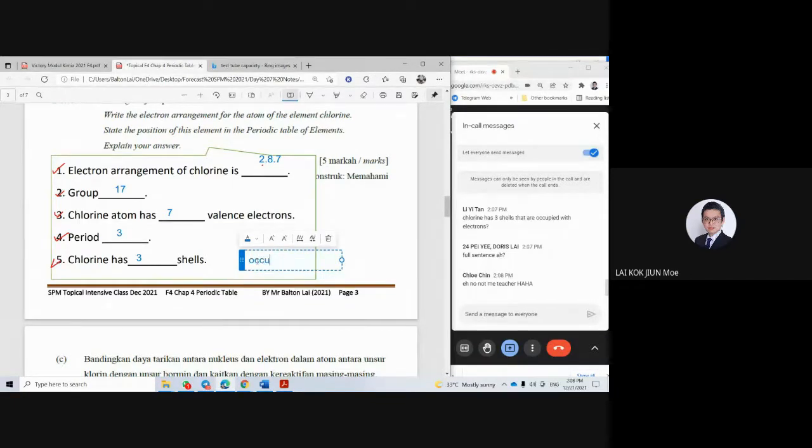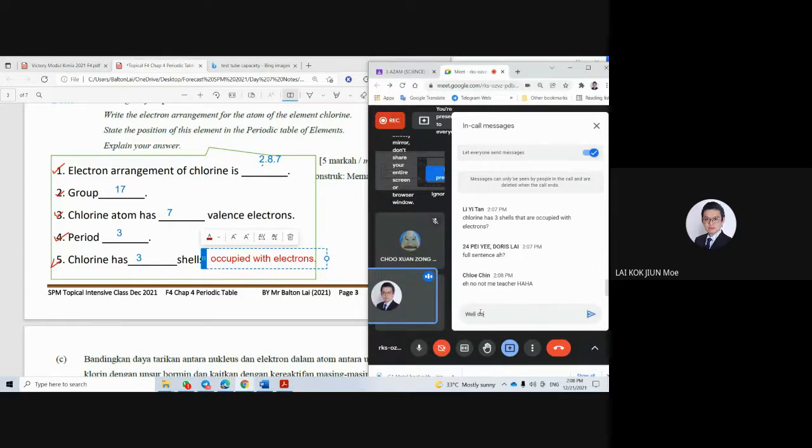You must continue to say occupied with electrons. Your answer cannot just say 3 shells only. 3 shells for what? Maybe 1 shell has electrons and 2 shells don't. So be specific: if 3 shells have electrons, say 3 shells occupied with electrons. Very good.